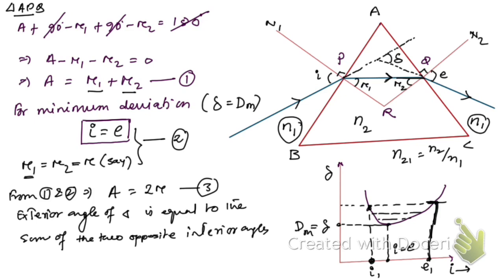That's why, if you consider this triangle, you can see this triangle here. This delta is the exterior angle, so it must be equal to the sum of these two opposite interior angles, right? So that's why what we can write here, you see.